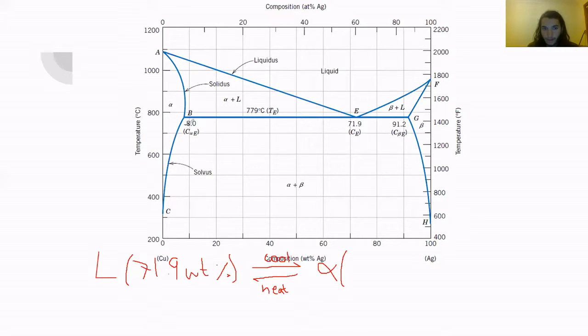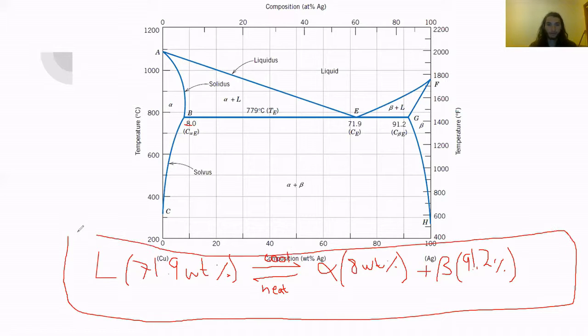The alpha phase is 8 weight percentage of silver plus beta, which is 91.2 weight percentage. And this is the equation for this phase diagram. Now I'm going to pass it to my teammate, Guanlin.